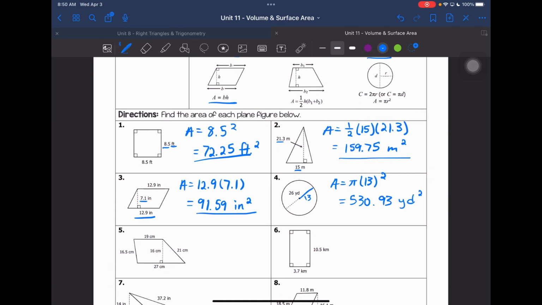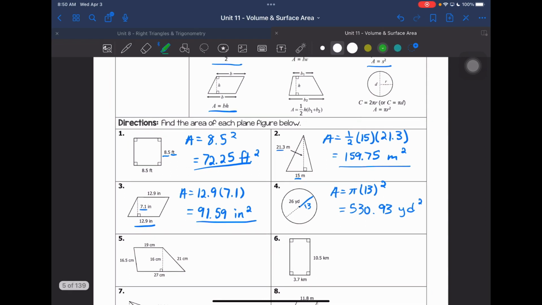Okay, number 5 might look like number 3, but it's actually more of a trapezoid, which would be this one. That means in a trapezoid, we have 2 bases of different lengths, and then we have a height to it. So this is what we can see in number 5.